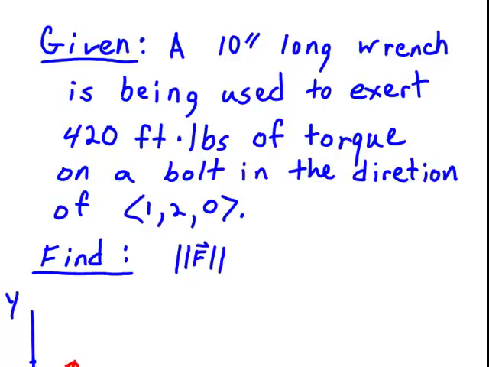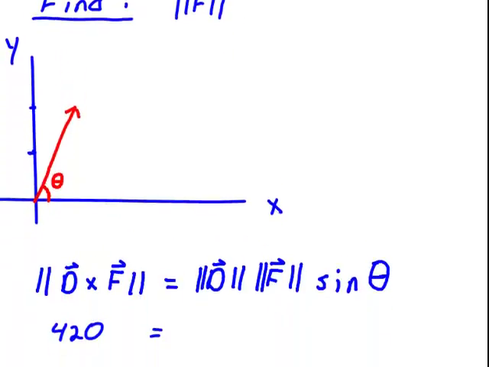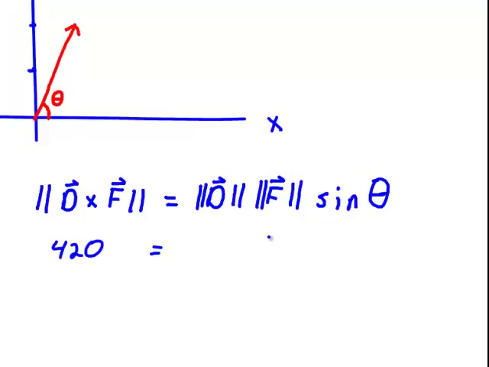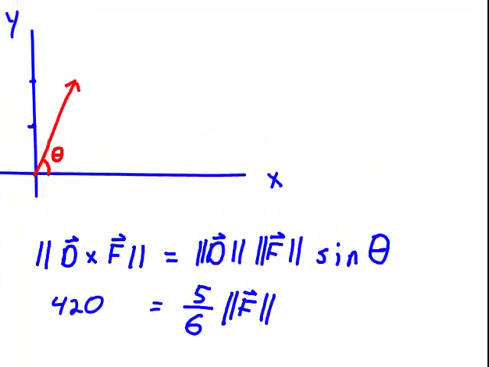So 10 inches to feet would be 10/12 or 5/6. So the wrench is 5/6 of a foot. We don't know the magnitude of F. That's what we're looking for. But guess what? We can find the next guy. We can find the sine of theta using the picture up here to help us out.